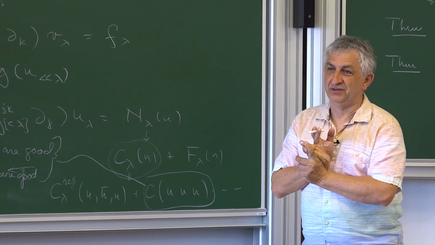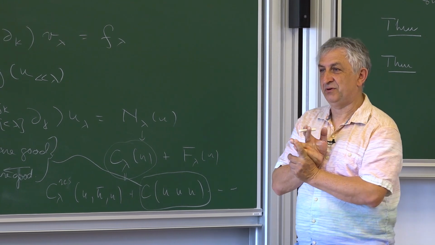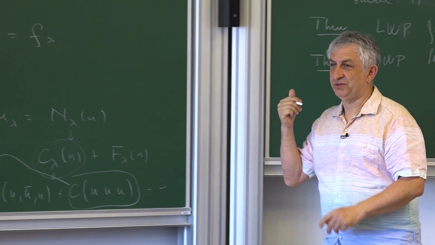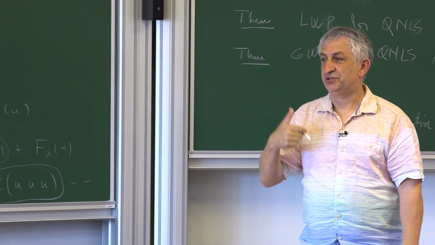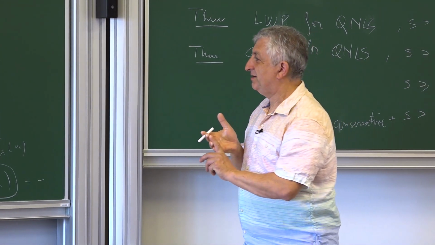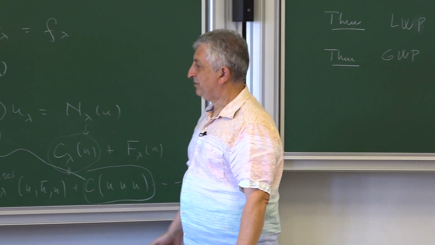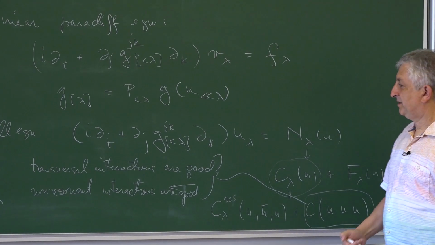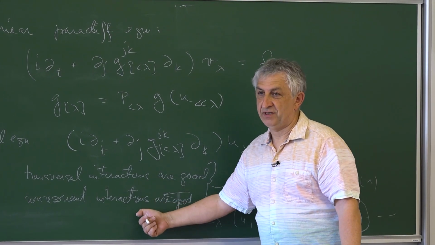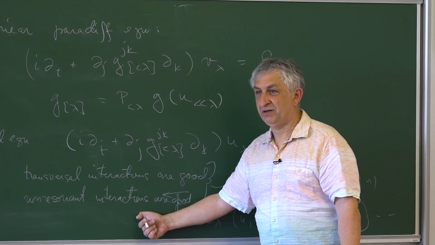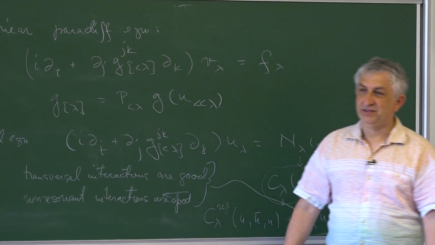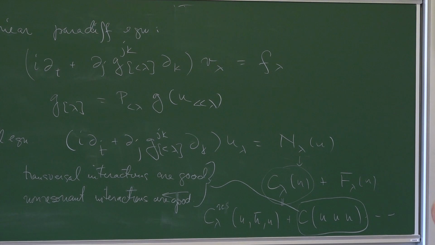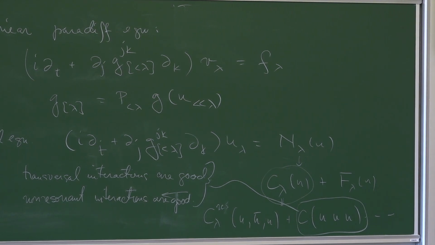And one thing we realized when we were writing the paper that we just posted last night, in the ultra-hyperbolic case, this is no longer true. So there you have some interactions in here that are both non-transversal and resonant. And we have to deal with those. They're not fully transversal, but they have a little bit of transversality.